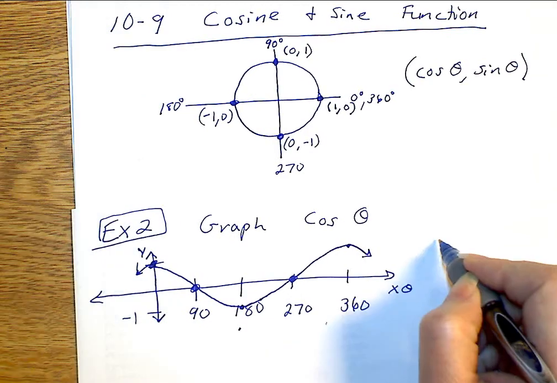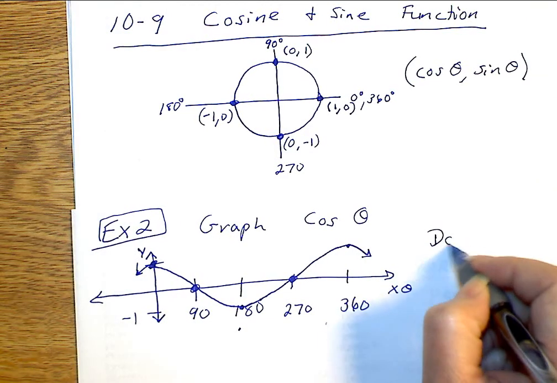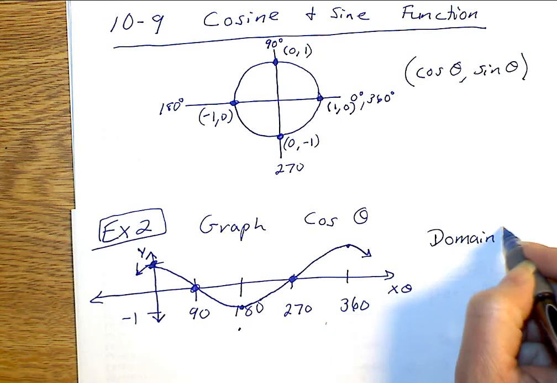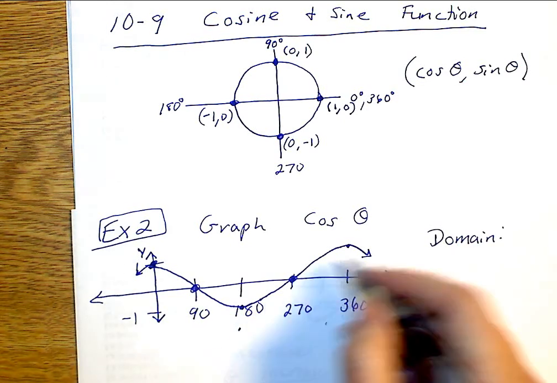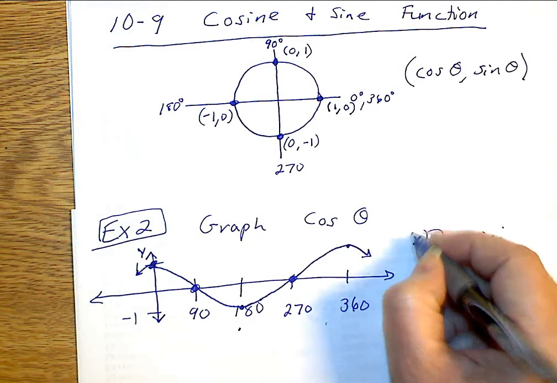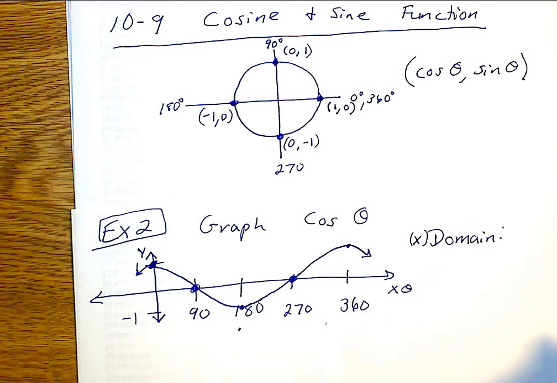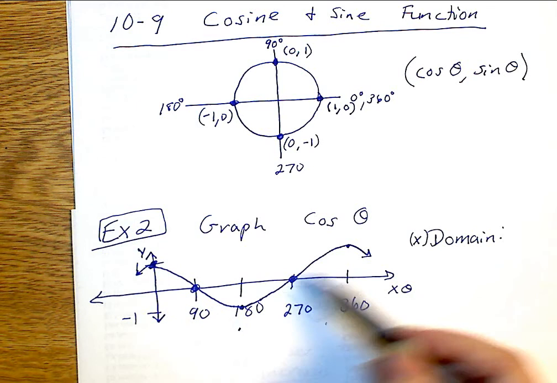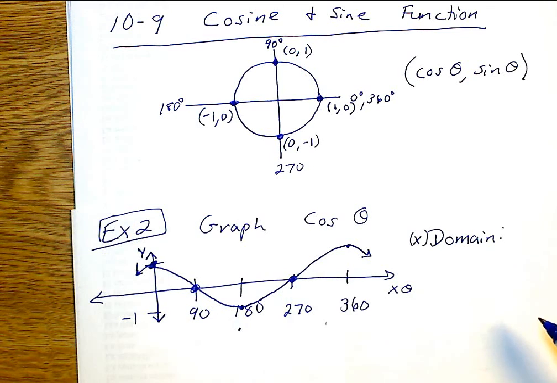So, thinking about that, what is the domain of the cosine? What can my x values be? All real numbers is right.